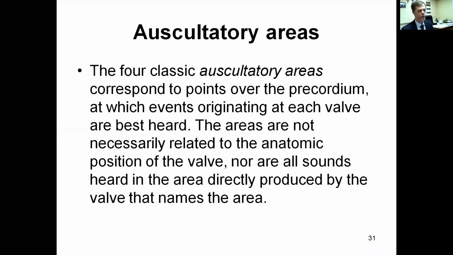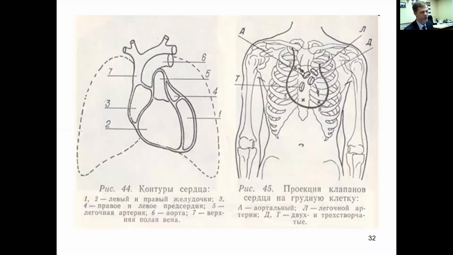We should find the point where each valve is audible the best. And this area is not necessarily related to the anatomic position of the valves, because anatomically all valves are placed nearby. But fortunately, we have specific points where each valve is better heard.